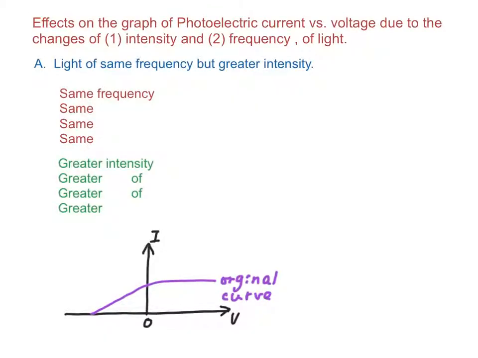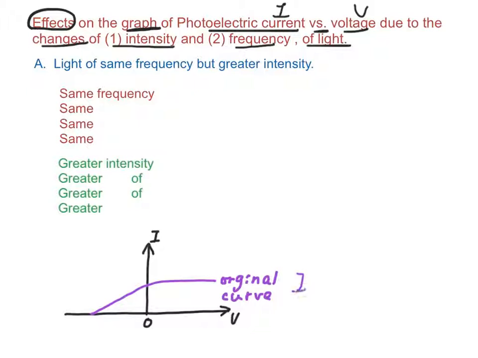Let's see the effects on the graph of photoelectric current I versus voltage V due to the changes of intensity and frequency of light. If light of intensity I1 and frequency f is shone on the metal, the graph of photoelectric current I against voltage V is shown in this diagram.